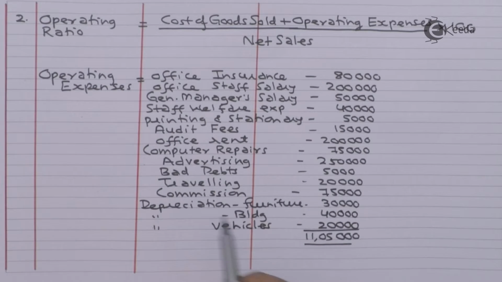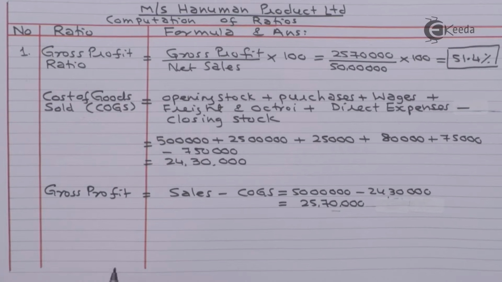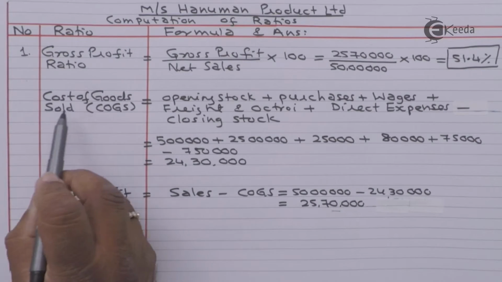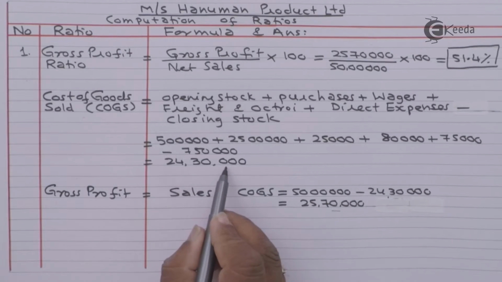Total operating expenses are 11 lakh 5,000. While calculating gross profit ratio, we did a working note to calculate cost of goods sold. Cost of goods sold we got 24 lakh 30,000.